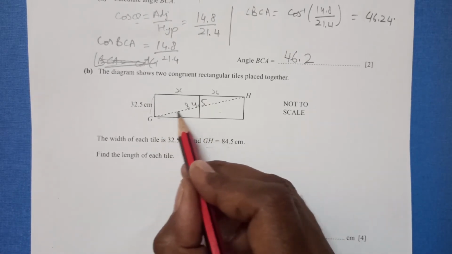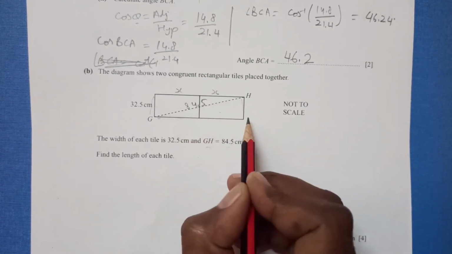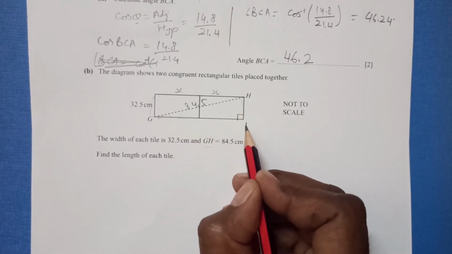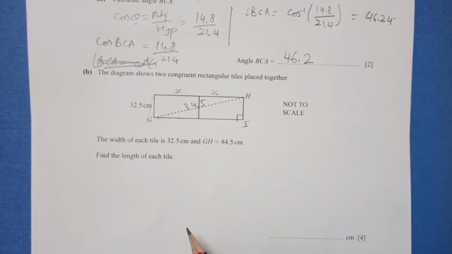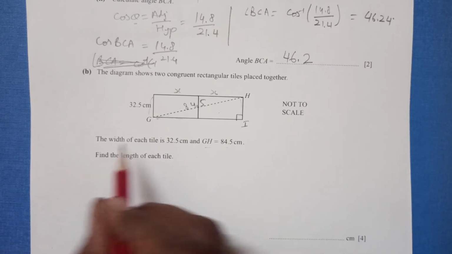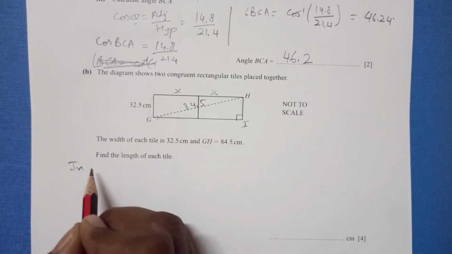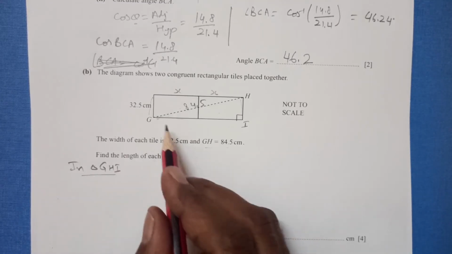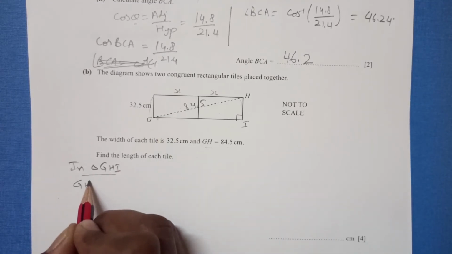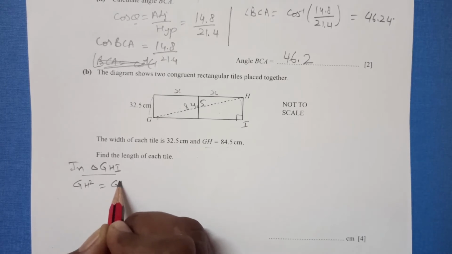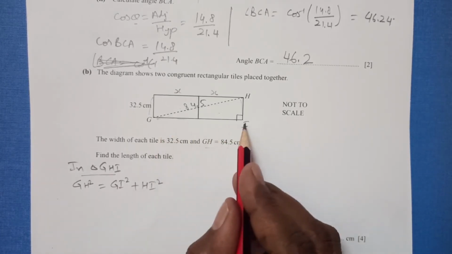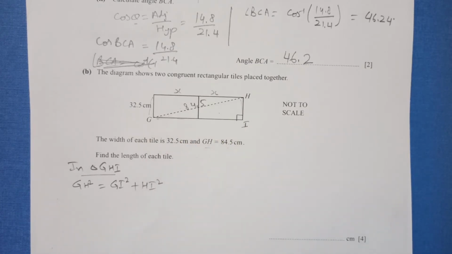Now we see this is a right angle triangle here, this angle will be 90. Let's say this is point I. So in triangle GHI, by Pythagoras theorem, we have GH squared equals GI squared plus HI squared.